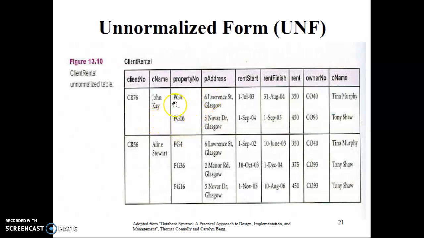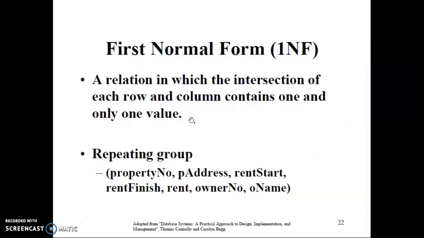That is multiple values for a single attribute, and this is called a repeating group. So a repeating group is an attribute within a table that occurs with multiple values for a single attribute, meaning there are multiple values at the intersection of certain rows and columns. We remove these repeating groups to transform the unnormalized form into first normal form.